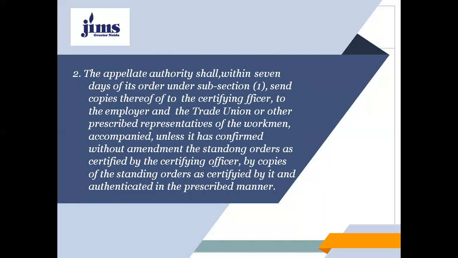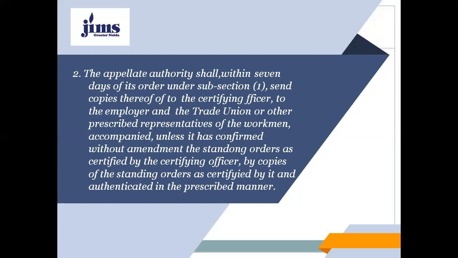And the appellate authority shall, within 7 days of its order under subsection 1, send copies thereof to the certifying officer, the employer, the trade union, or the other prescribed representatives of the workmen, accompanied, unless it has confirmed the standing orders without amendment, by copies of the standing orders as certified by it and authenticated in the prescribed manner.